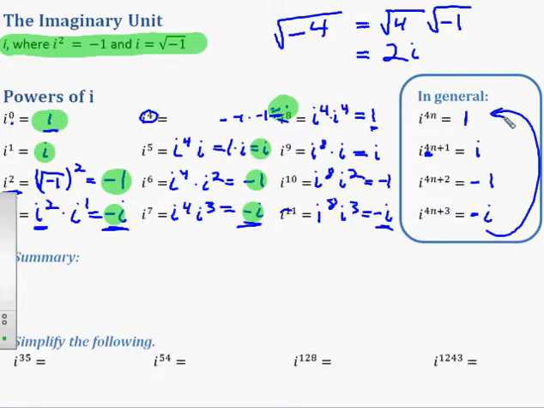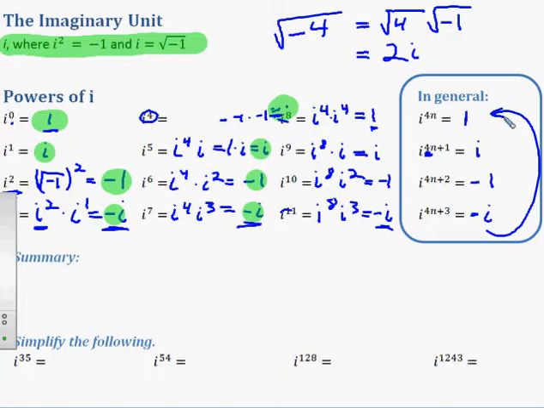So we can summarize this by saying if you divide by 4, the remainder helps you tell what you'll have. All your answers are always 1, I, -1, -I.